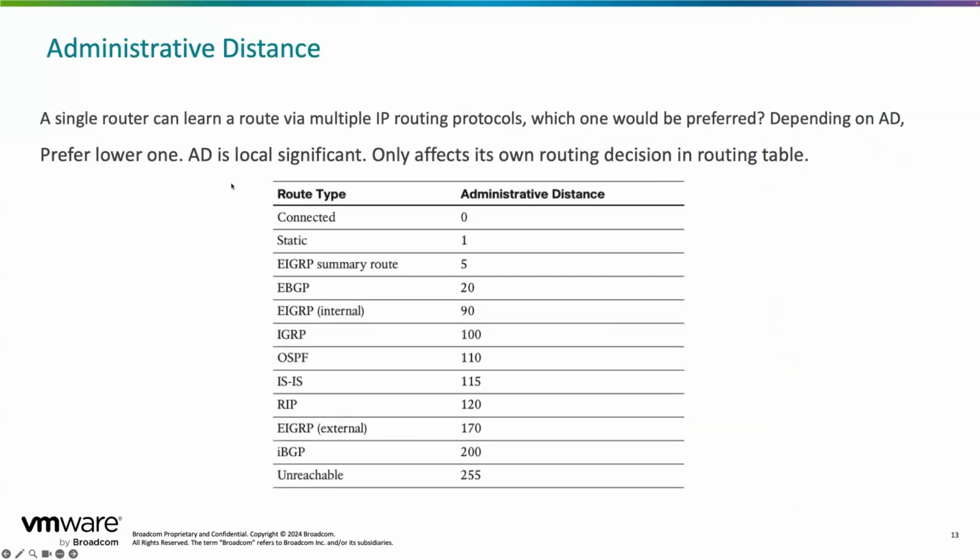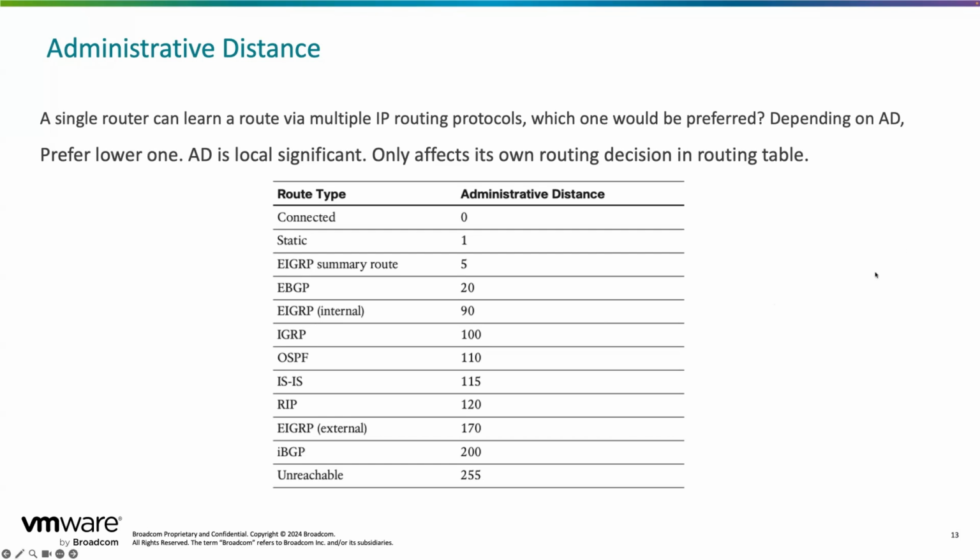So here's another important concept, which is administrative distance. Just imagine there's a specific subnet, and you learn this subnet via EIGRP, which is a specific routing protocol.